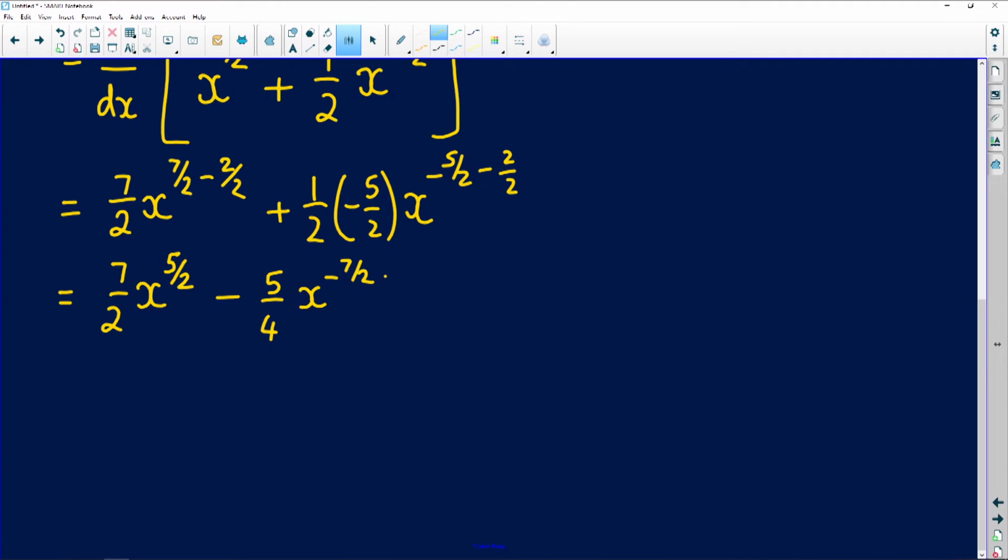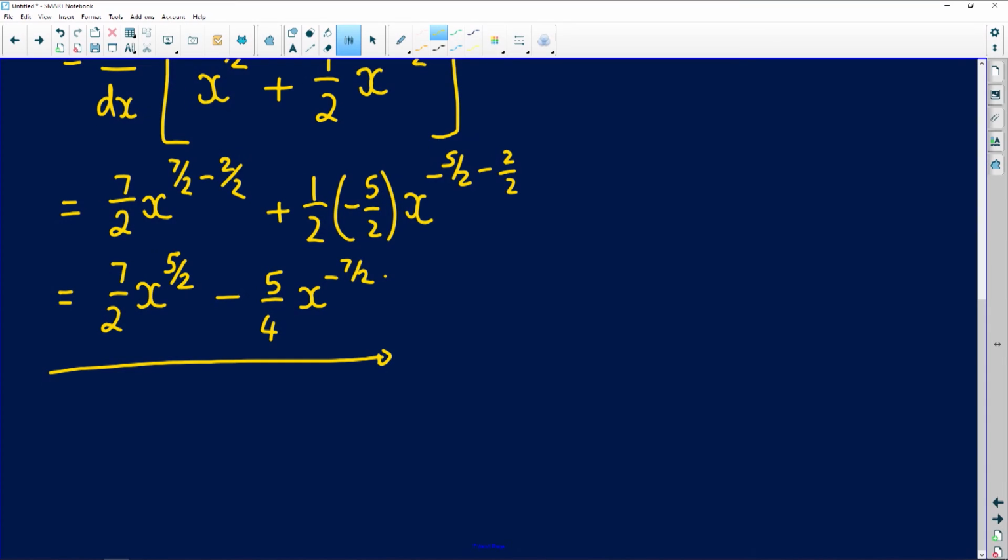Now, folks, usually, that is where your differentiation stops, unless the examiner says, leave your answer with positive powers. Then all that happens is that x to the minus 7 over 2 over here will return to the denominator from whence it came.